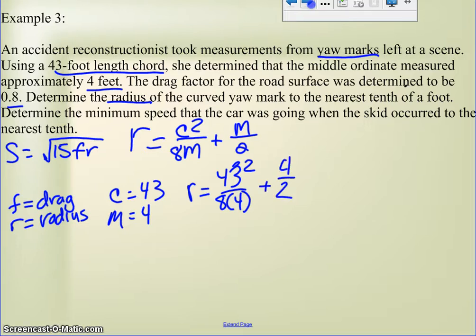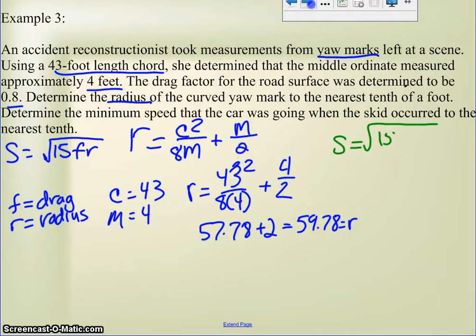When I do all of the math, I end up with 57.78 plus 2, which gives me 59.78 for the radius. Now I'm going to use that second formula, and I'm going to plug it in. So I've got that the speed equals the square root of 15 times the drag factor, which was 0.8, times 59.78.